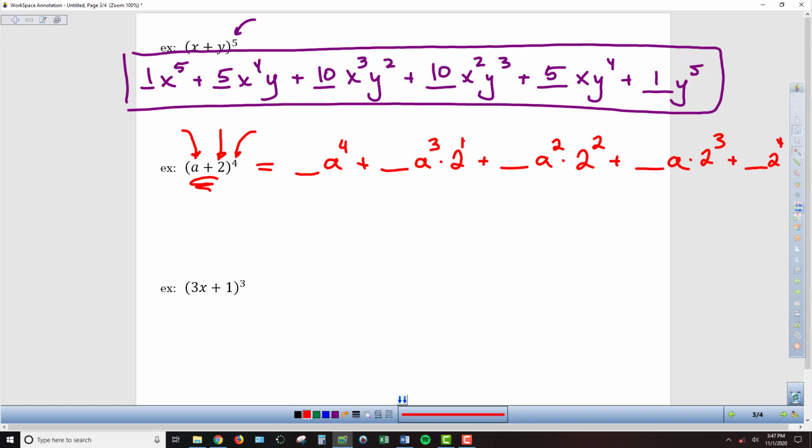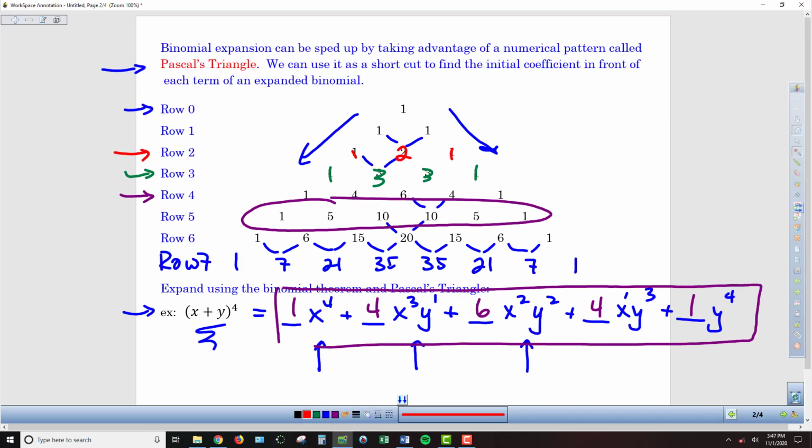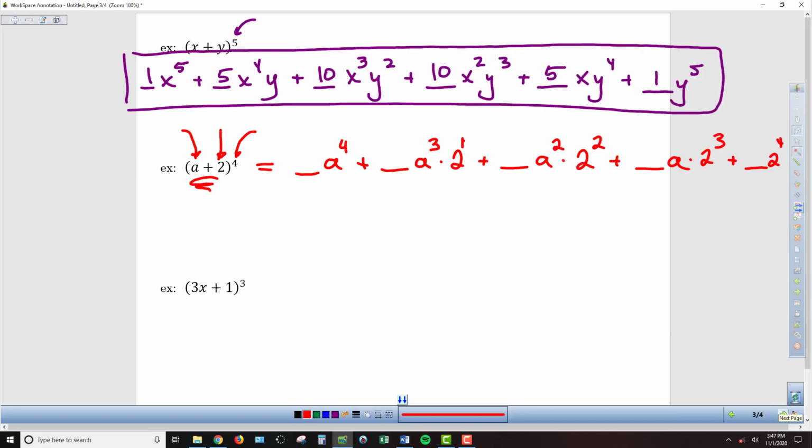And so now if we go to row 4 in our Pascal's triangle here, we've got 1, 4, 6, 4, 1. So if we go back here, I'm going to fill those in. 1, 4, 6, 4, and 1. Now, on the previous examples, at this point we were finished because we had just variables inside the parentheses.